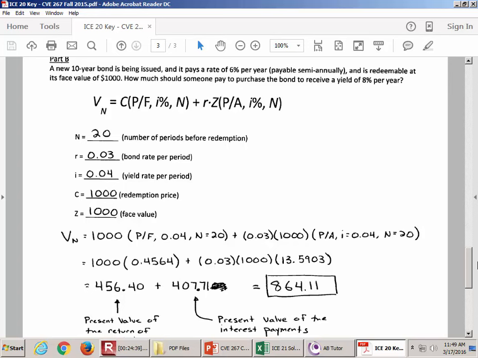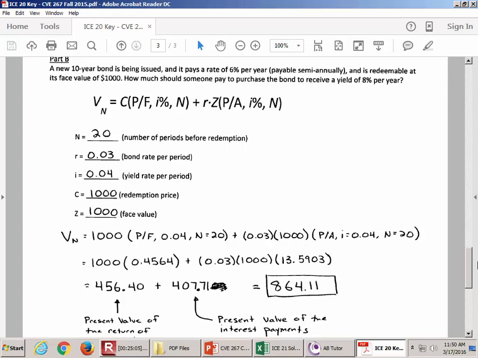So remember, a bond has value because it has two components. It's got the annual payments and it has the one-time redemption price. And so anytime you're looking at a bond, you're saying, how much should I pay for this bond? Because you shouldn't pay the redemption price because that redemption price is in the future. So you need to discount the value of the redemption price to the present.